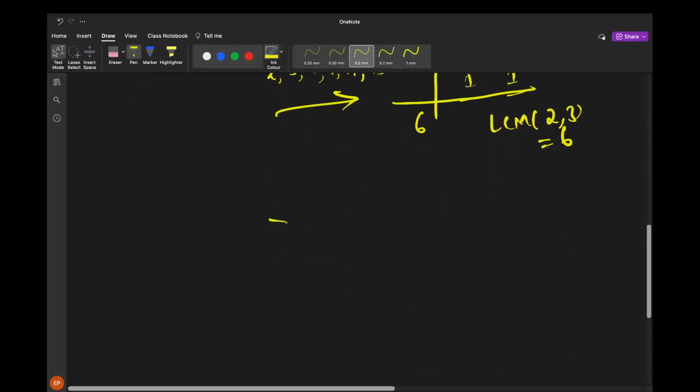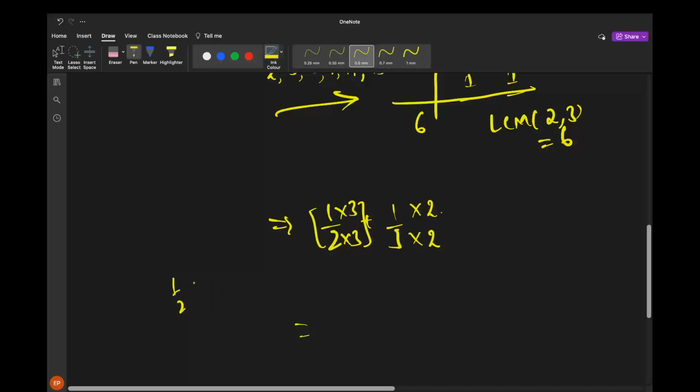Therefore, for adding 1 by 2 plus 1 by 3, we took LCM as 6, right? To make 6, what do we have to multiply here? 2 3s are 6. What about 3? 3 2s are 6. If you multiply the denominator, to make it equivalent, we have to multiply the numerator also, right?